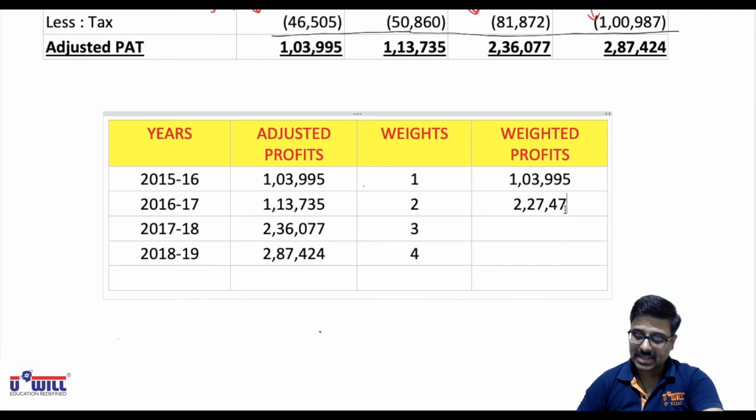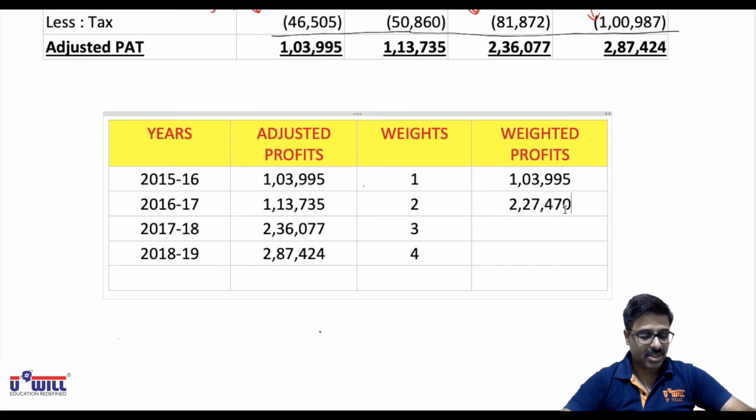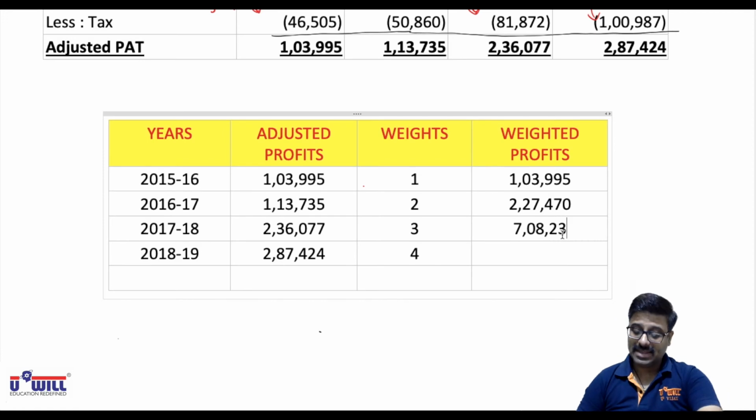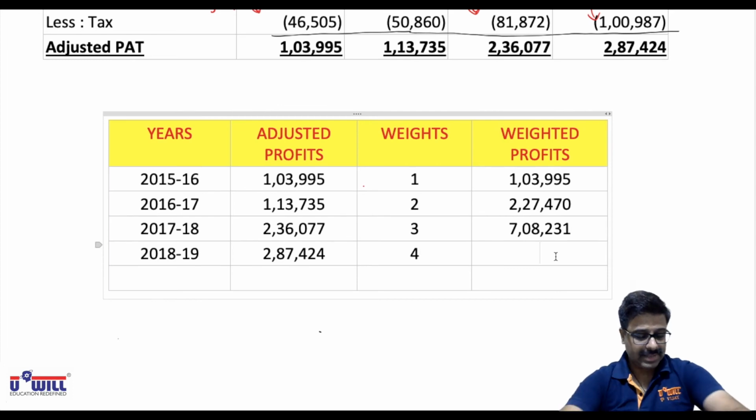Then 236,077 into 3, that is 708,231. And 287,424 into 4, that is 1,149,696.